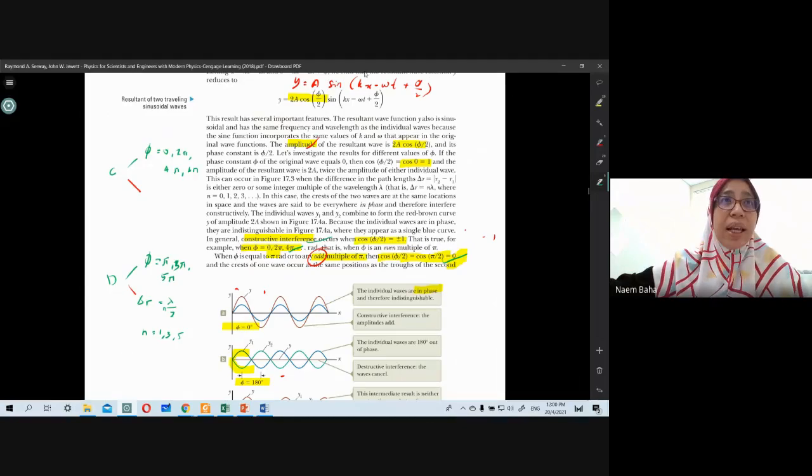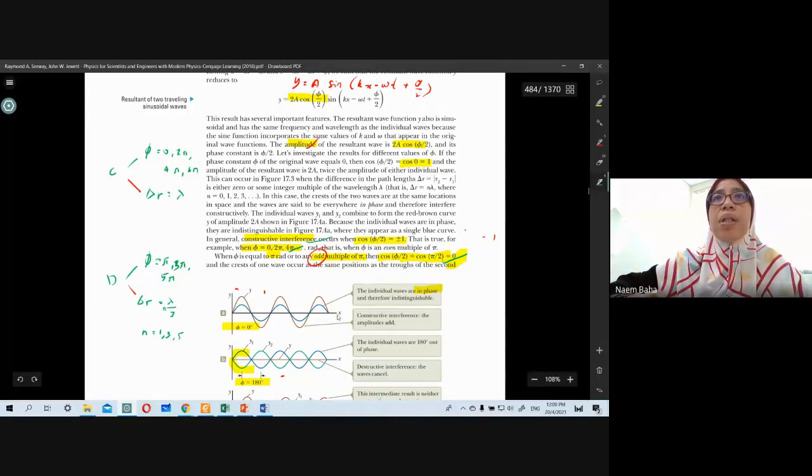And it also makes sense for constructive that the path difference should be equivalent to lambda itself, one cycle of lambda. It depends on the book. Okay, let me cross check whether the book is using, yeah, okay. So this is the one, n lambda, all right, n lambda.